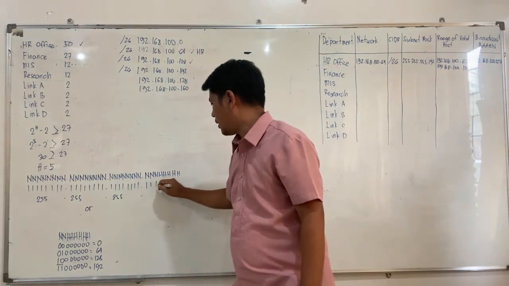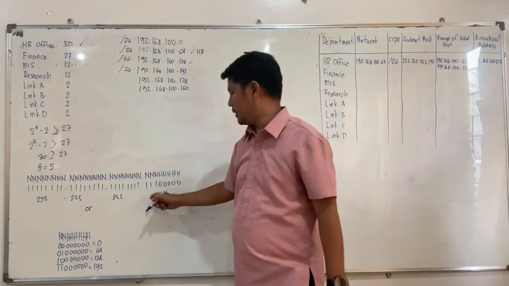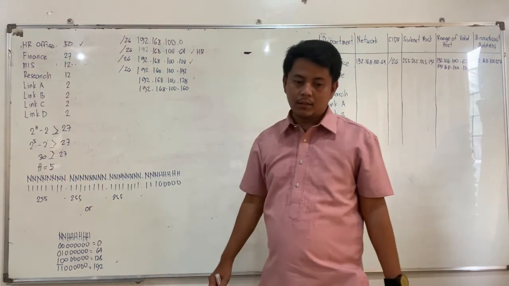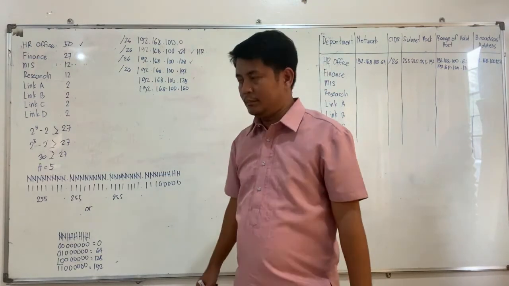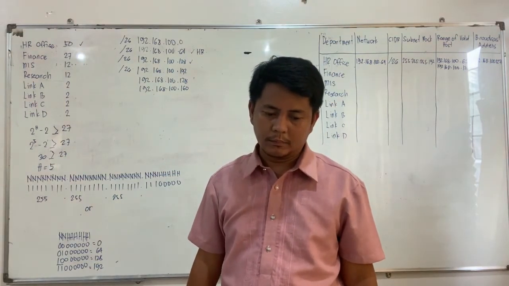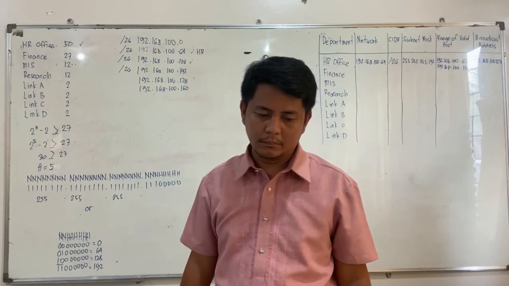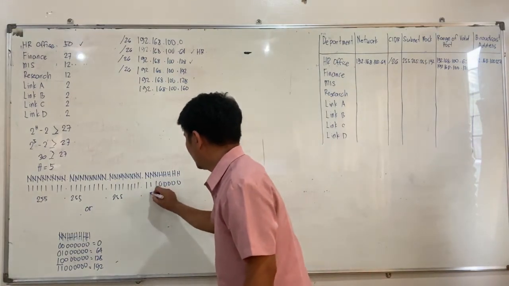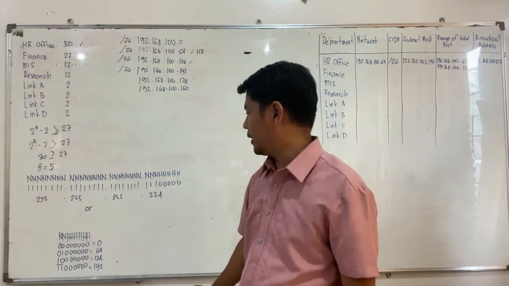Okay, assign 1 to all networks, assign 0 to all hosts. So converting this into decimal, so we have 224.